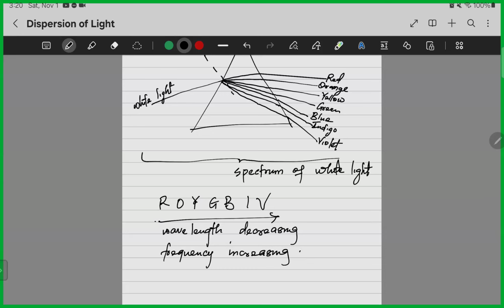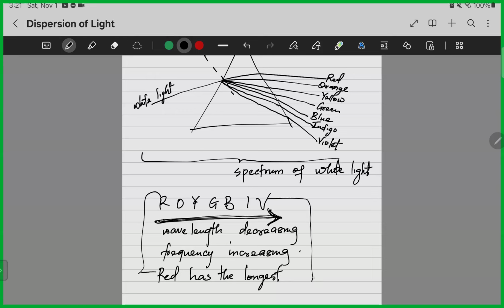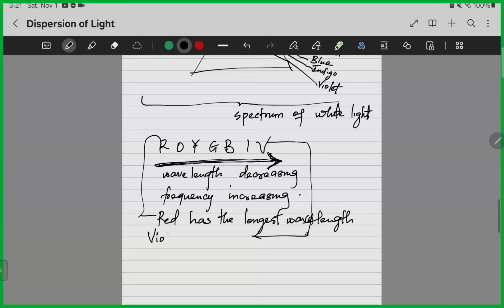Since wavelength is reducing in this direction, it means that red has the longest because it is decreasing like this. Red has the longest wavelength, while violet has the shortest wavelength.